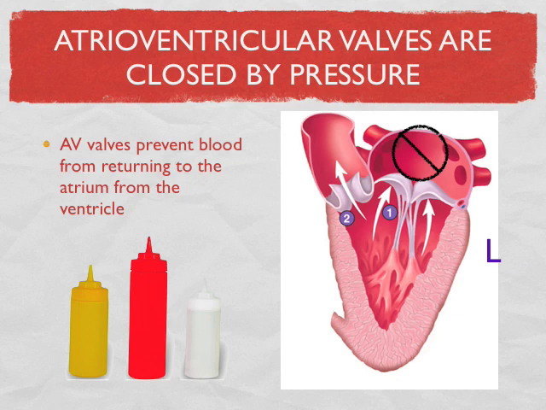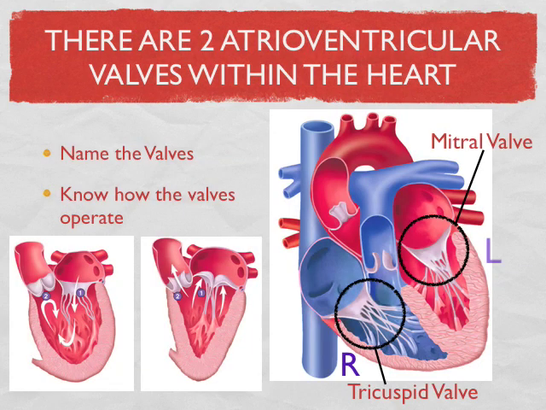So the structure, this parachute nature of this valve, allows blood to flow from atrium to ventricle, but prevents the blood from flowing the opposite direction. Okay, so could you name these two valves now? And do you understand how these atrioventricular valves work?